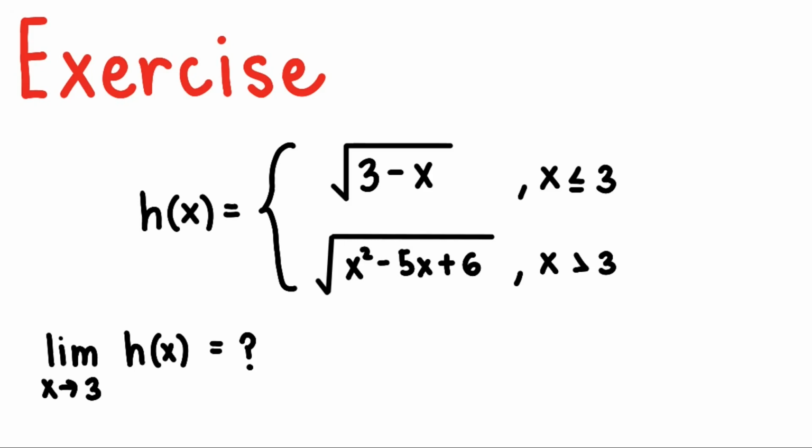The idea to solve this one is similar to the second example, along with the third example, since we have this. So your goal here is to find the limit of h of x as x approaches 3. Does the limit exist or does it not? Comment down below if you have an answer to this one, and even feel free to share if you have a solution out here.